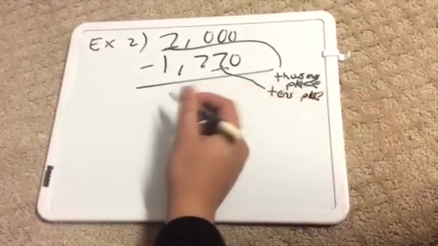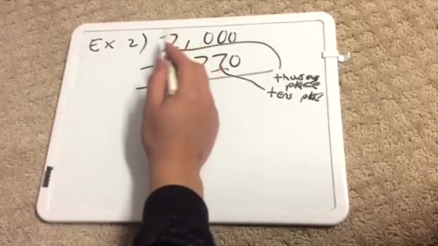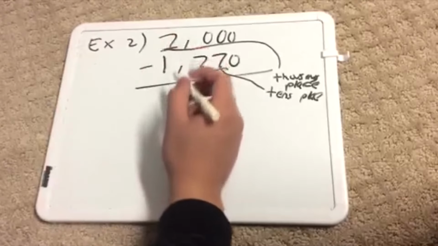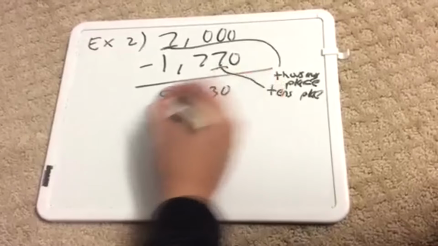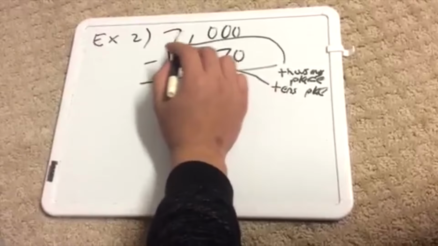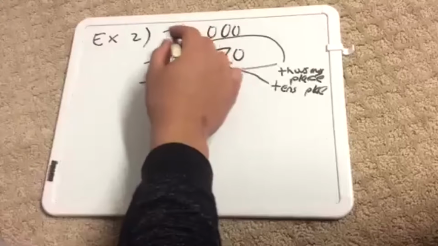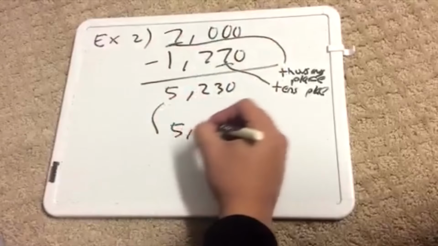Out of the two, the 7 in the thousands place for 7,000 is the least specific. When we first subtract them, it comes out to 5,230. Knowing that we have to round to the thousands place because it's the least specific out of the two, we would round to 5,000.